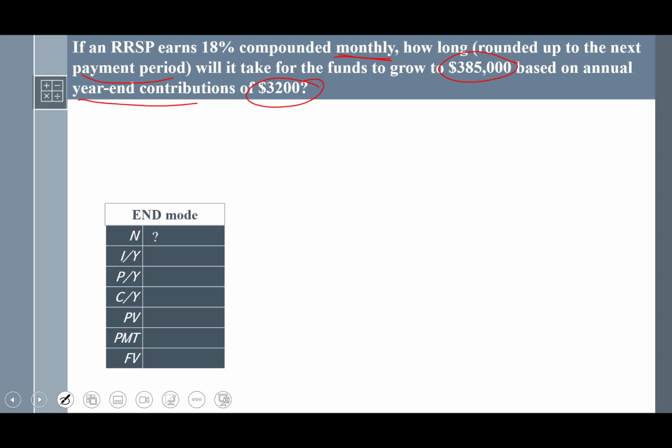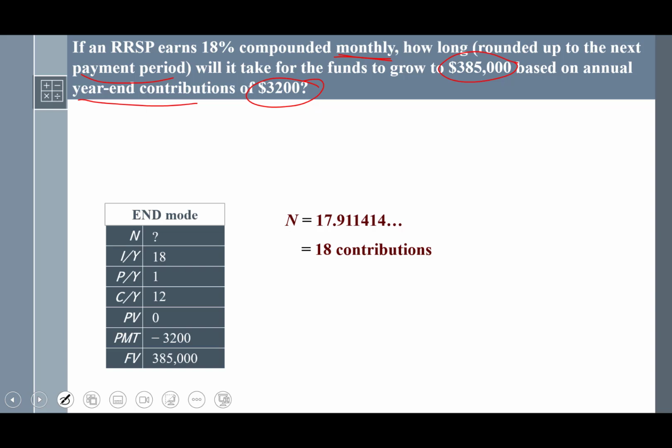Of course, we're looking for N. Interest rate is 18, PY is 1, CY is 12, because it's monthly compounded. Present value is 0, PMT is 3,200, and the future value to grow to is 385,000. Pressing the CPT on the calculator, you will get N is 17.911. They said round up to the next payment period, so that's 18 payments or 18 contributions.